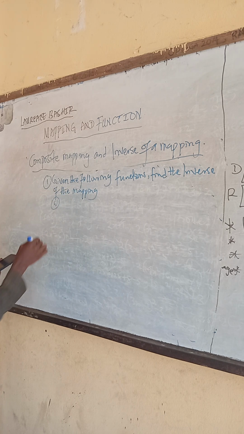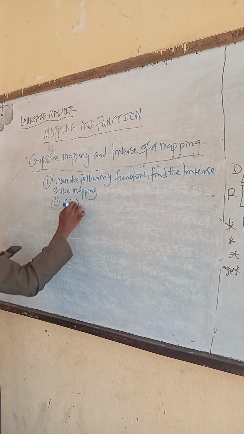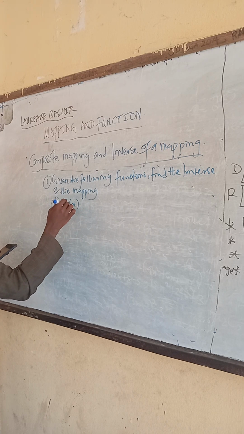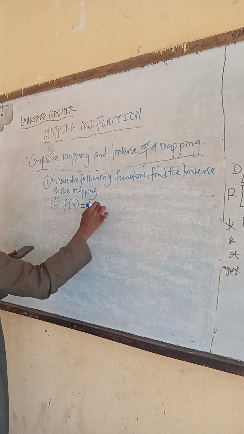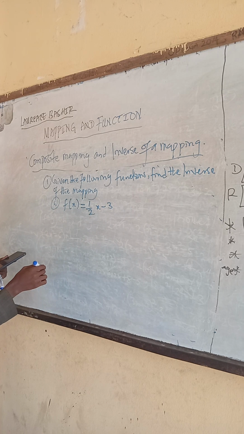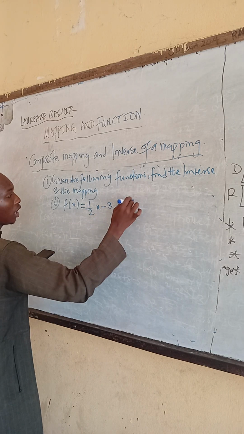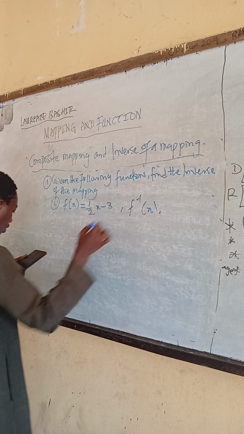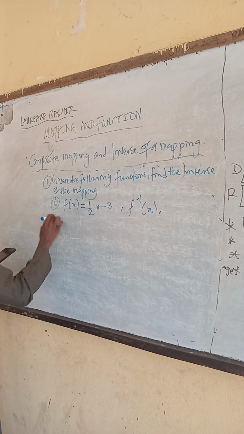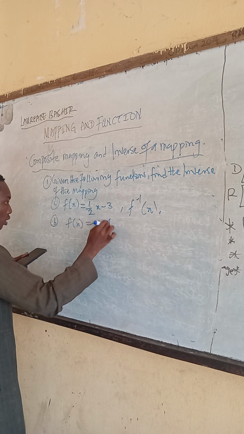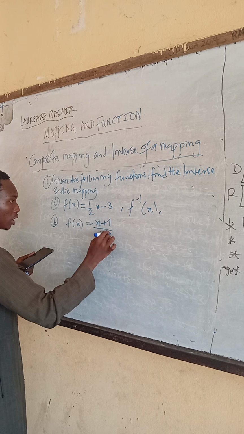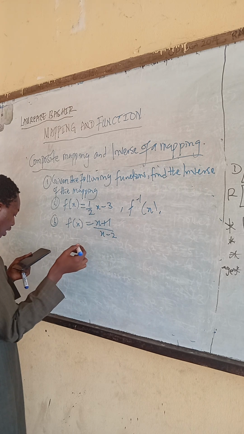Number one, we are given f of x equals 1 over 2x minus 3. Find f inverse of x. That's the meaning of f inverse. B, f of x equals x plus 1 over x minus 2. So we find the f inverse.